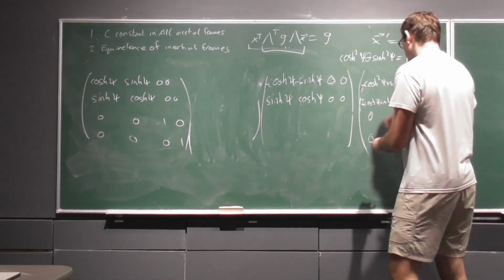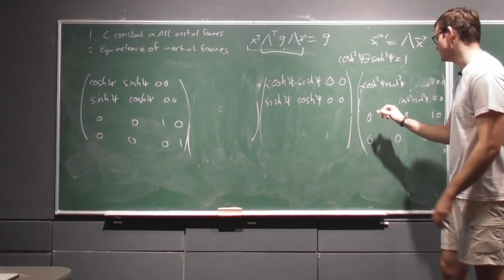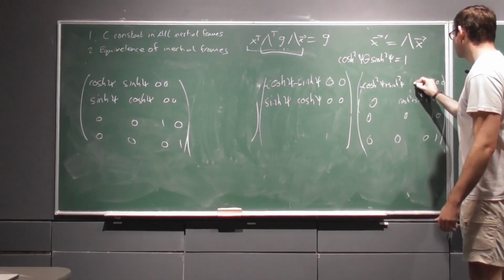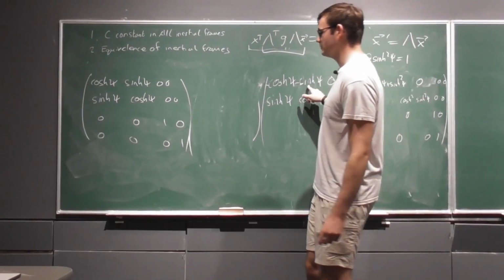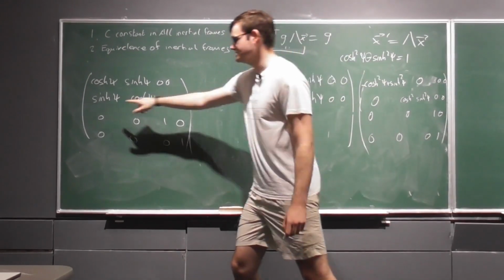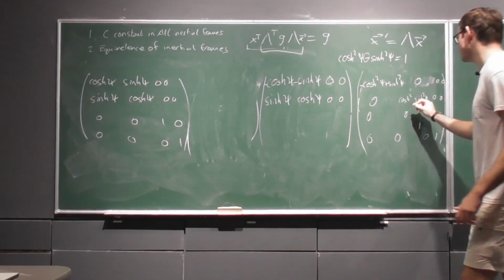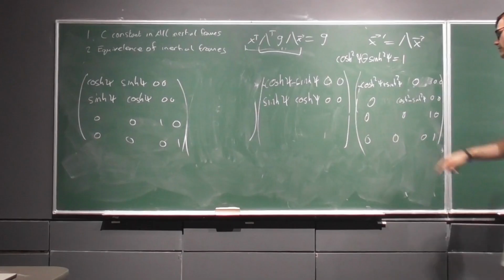So that is now going to cancel, instead of giving me 2 here, this is going to be 0. And this one down the bottom is going to be minus sinh by sinh, so minus sinh squared and plus cos squared.